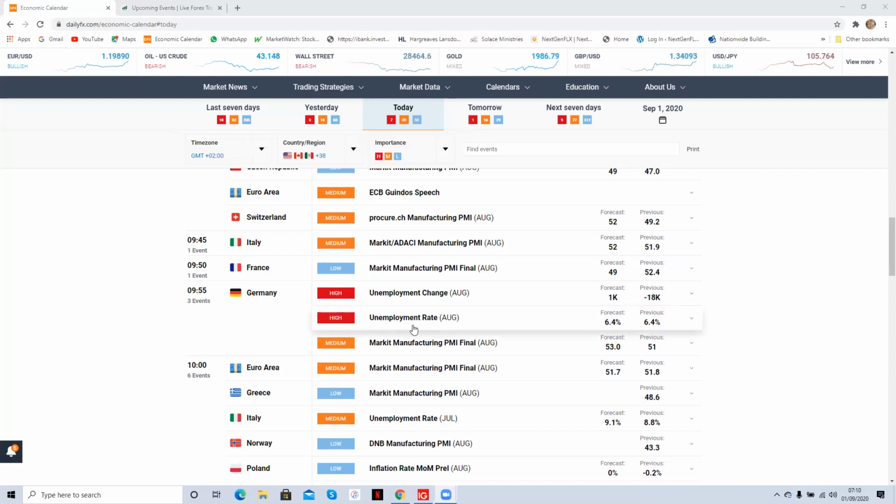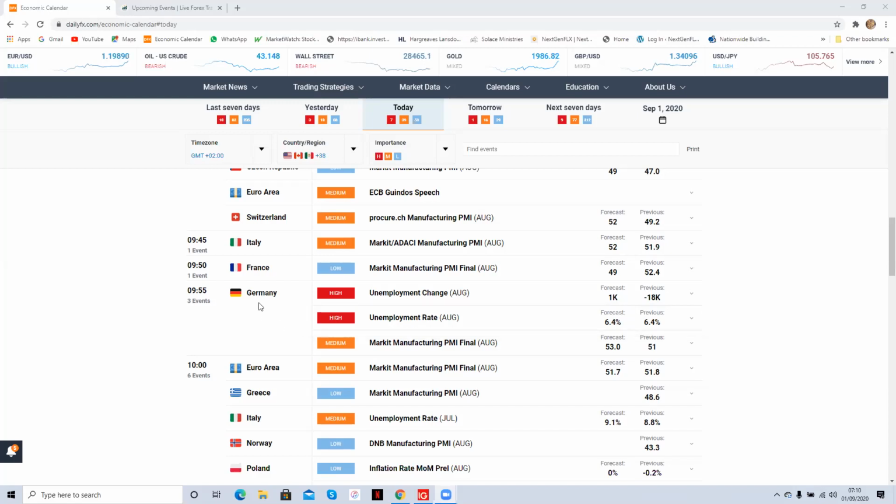Again, remember the four major reports that are always of very high importance, which is unemployment rate, interest rate, consumer price index, which is inflation, and finally GDP, gross domestic product. Those four reports are always of major importance.